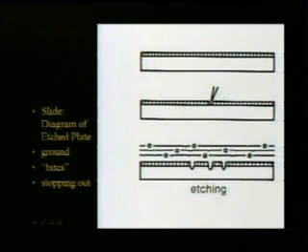He would refill this whole area with some more of that ground, and then he'd put it back in. And this area is protected. It's not going to be eaten by acid anymore, but these areas aren't, so they're going to be eaten some more, and they're going to get deeper and deeper. And so that's how they can create variation in the plate.